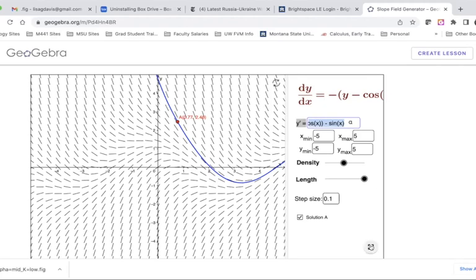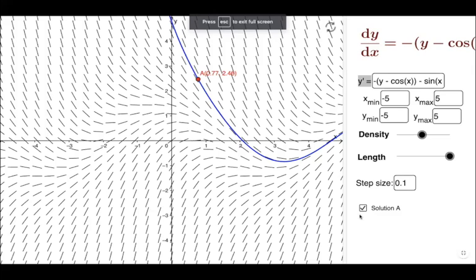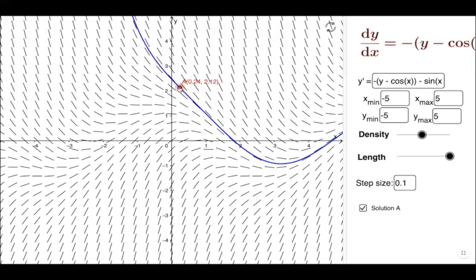Let's see if I can maximize this. What you're looking at here is the full screen version of this example, and here is the direction field. Right now, my lambda is -1. To play with this, you have to click on this little red dot and move it around. That's like prescribing your initial condition to this plotter.